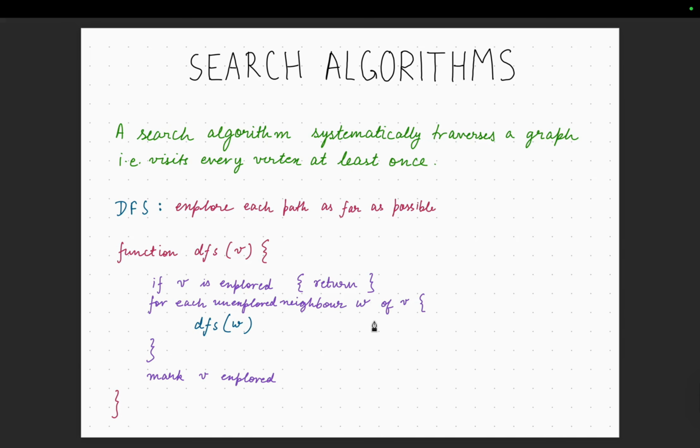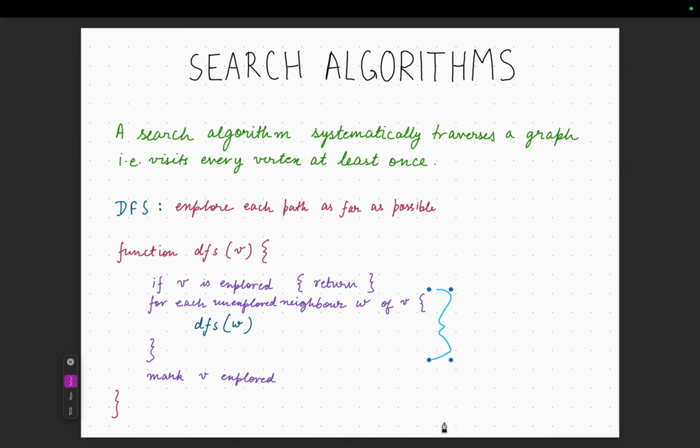So how this works is that you start at any node, say V, and then you mark V explored. This is so that if the graph contains cycles, then this is just to prevent you from coming back to it from another path and calling DFS on it again, because if your graph contains cycles, you could get stuck in a loop and keep going back again and again, and that would not be good.